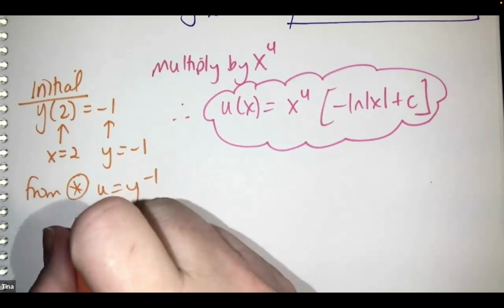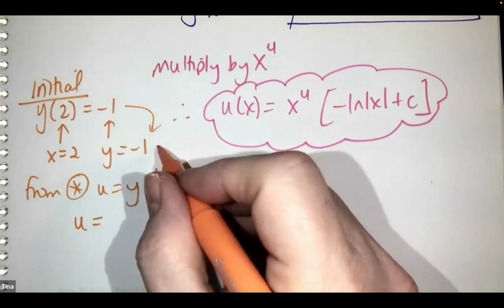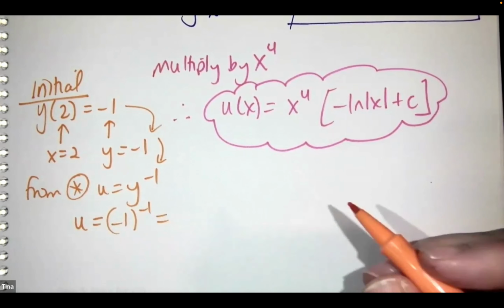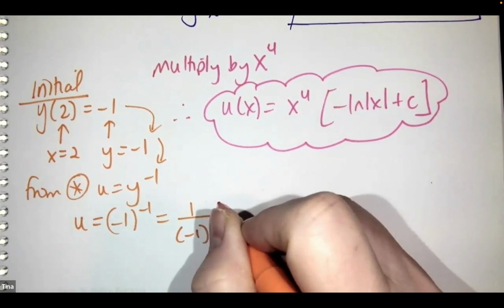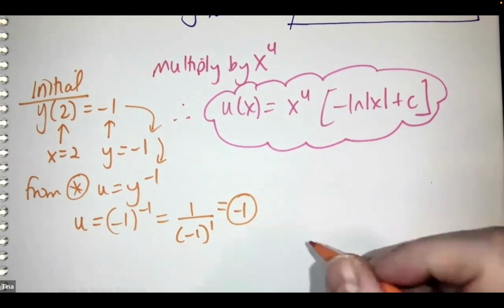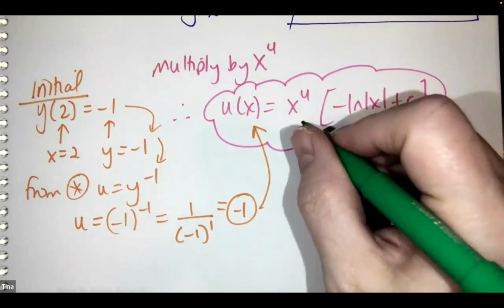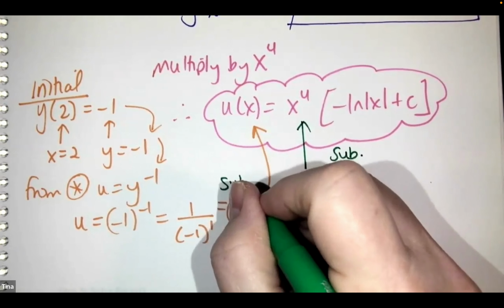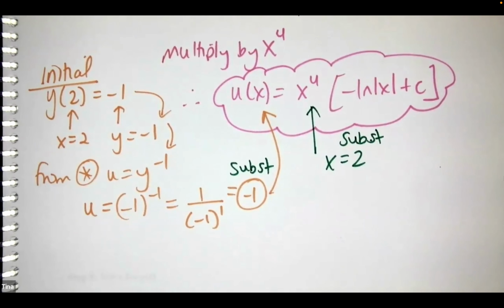So what's my u? Well, if negative 1 is going in for y, it's (-1)^-1, which I know is kind of weird, but a negative exponent just means put 1 over it. So it's really just negative 1. So now I can substitute that, and x is 2. So that's our initial condition.